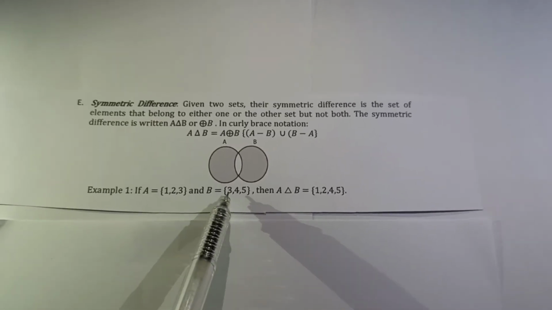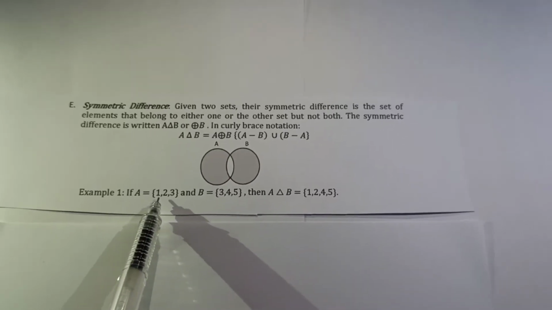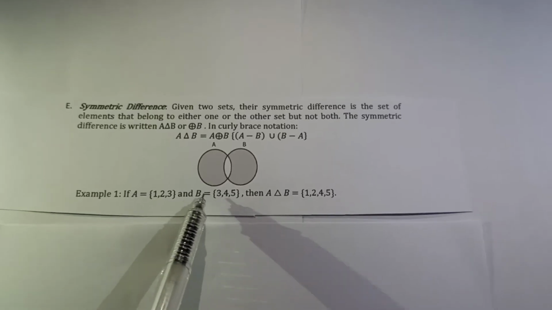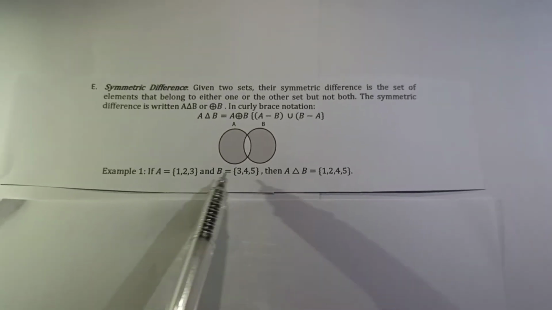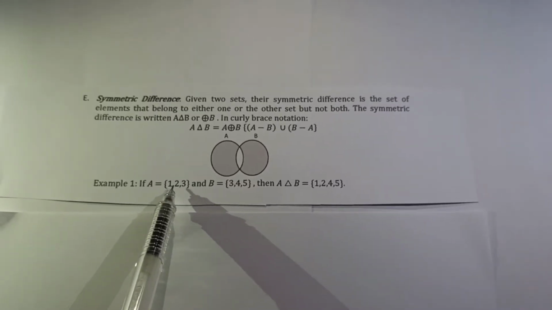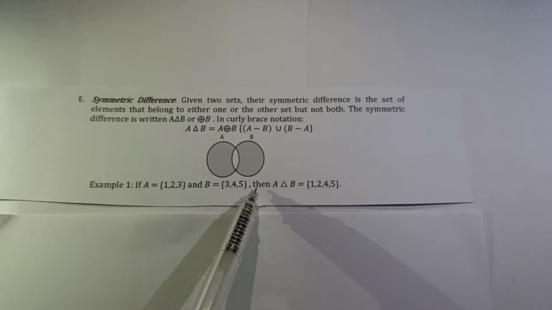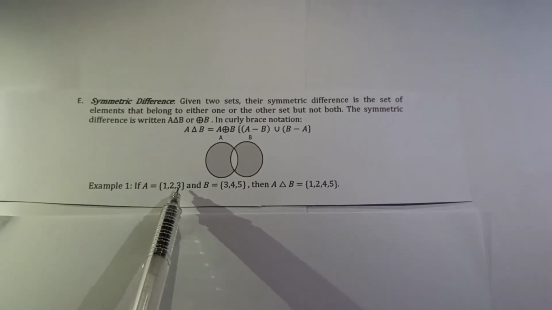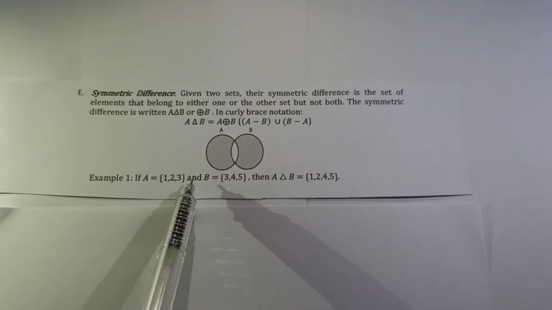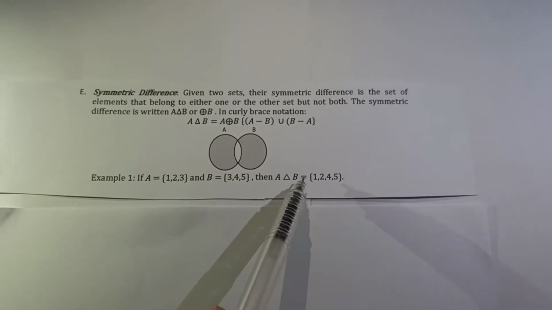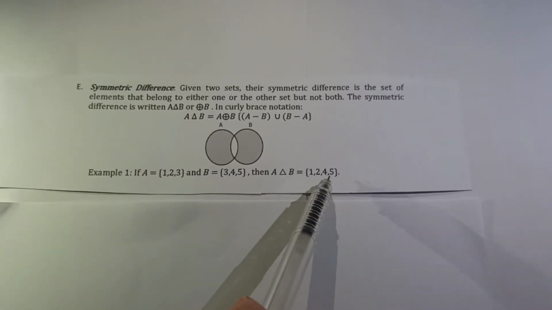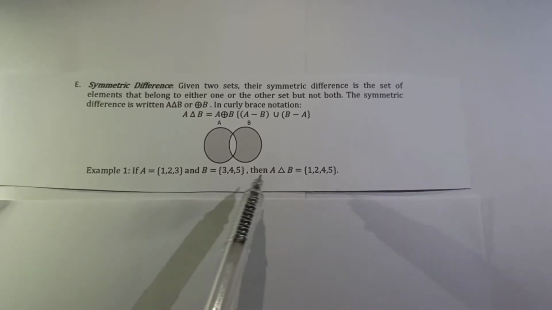We can see that 3 belongs to both A and B. Therefore, only 3 will not be written in the answer of A symmetric difference B. So just copy 1 and 2, and 4 and 5. Since 3 belongs to both A and B, we will not write the element 3. Therefore, we have 1, 2, 4, and 5. So A symmetric difference B.